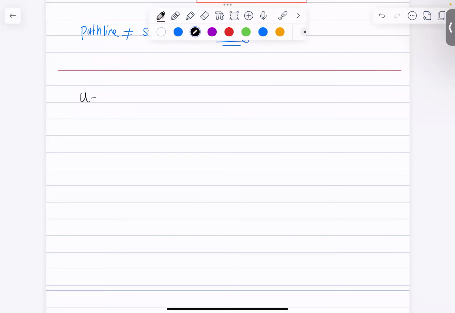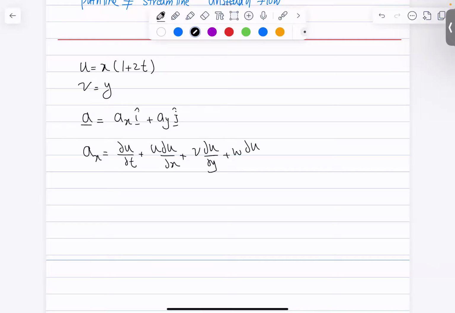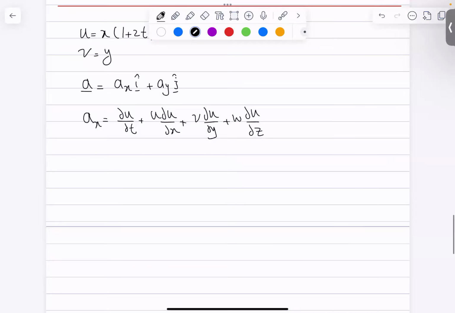So u is x times 1 plus 2t, v is y, and we want to find A, right? A is ax i hat plus ay j hat. And remember that ax is du/dt plus u du/dx plus v du/dy plus w du/dz.